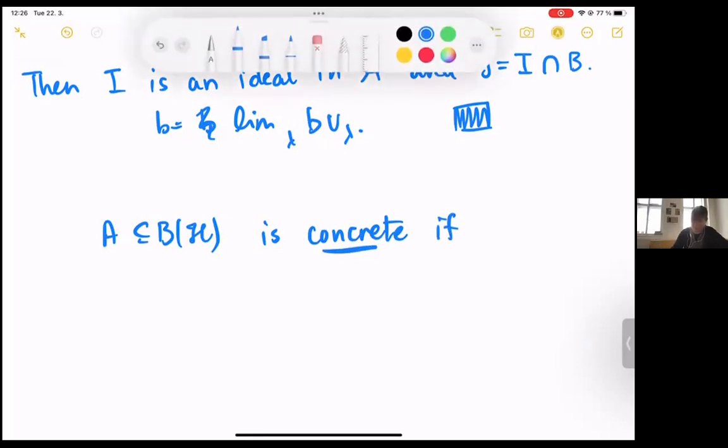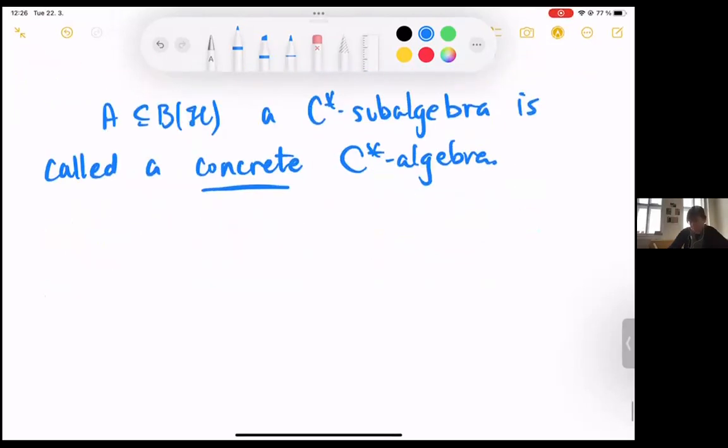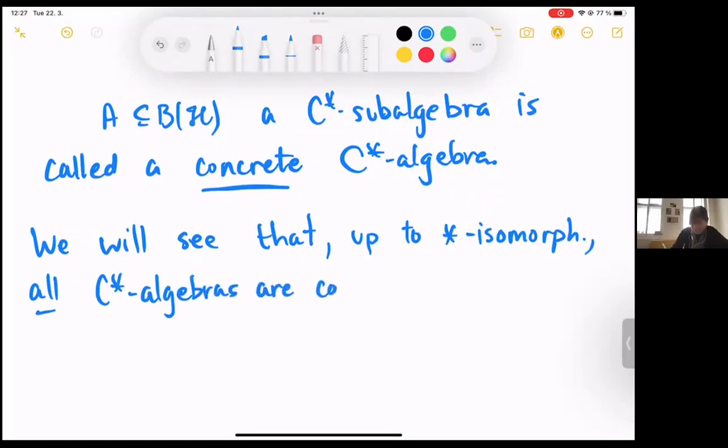So we will see that we can always represent a C star algebra in some Hilbert space.